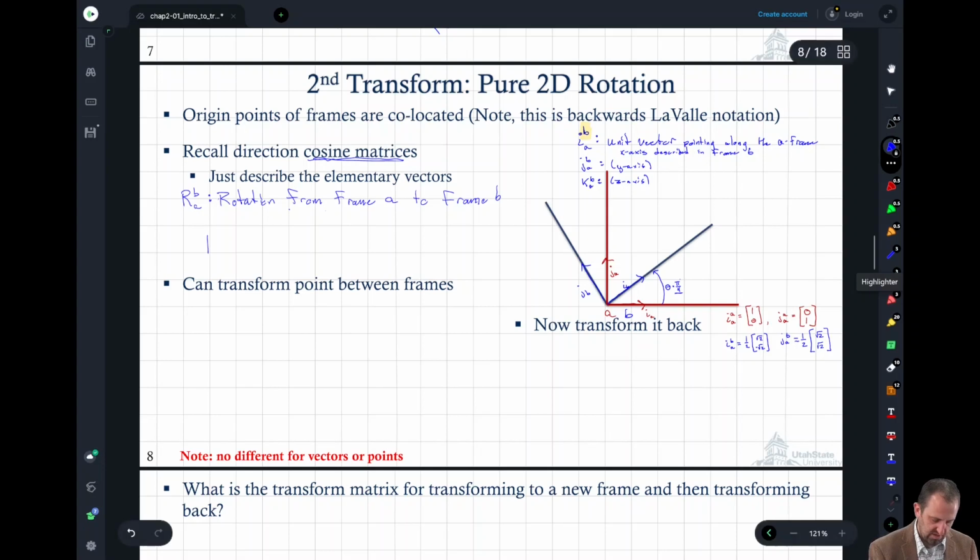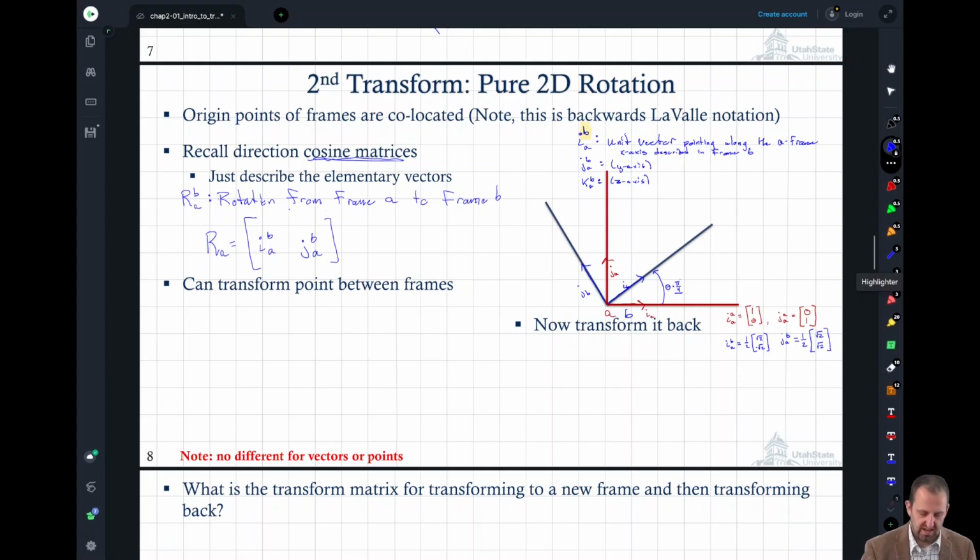And we just simply write it down. We have frame A's I vector written in frame B, and frame A's J vector written in frame B. So we have just this I and J of frame A, but written in frame B coordinates. So in this case, we could write this down, pull out the 1/2, and we'll do a square root of 2.